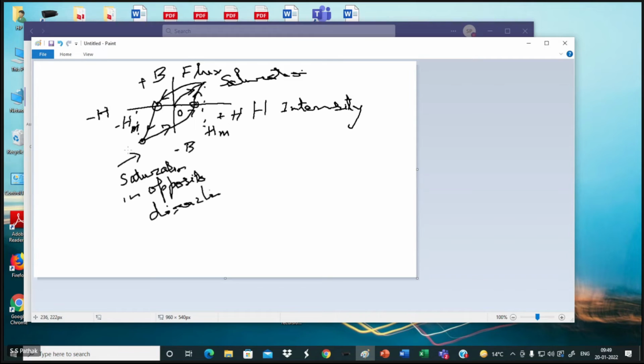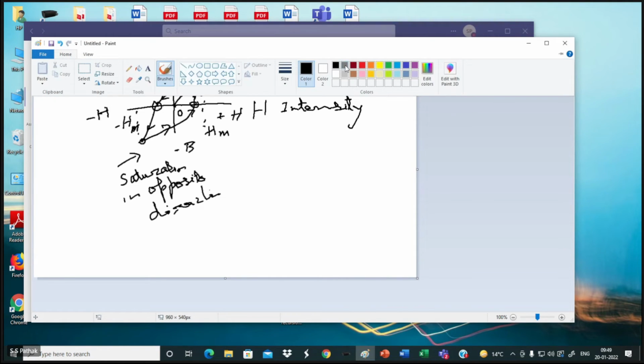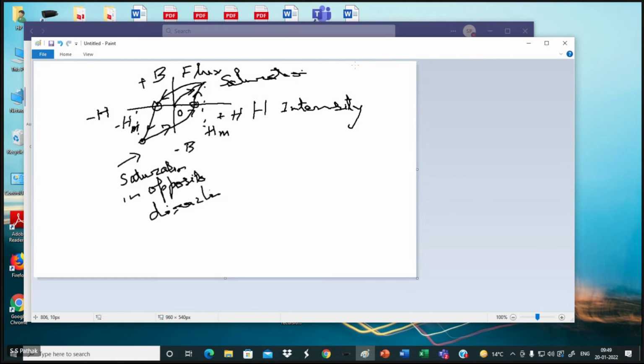From 0 to the place where this flux has become 0, this we call, I'm using some other color, red color I'm choosing.